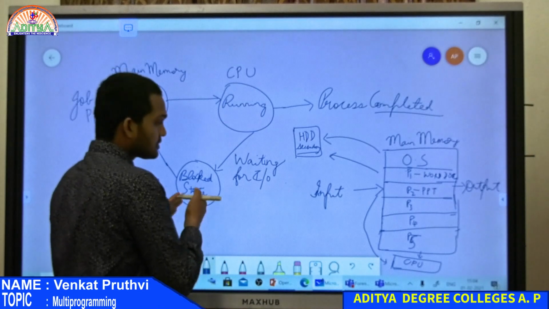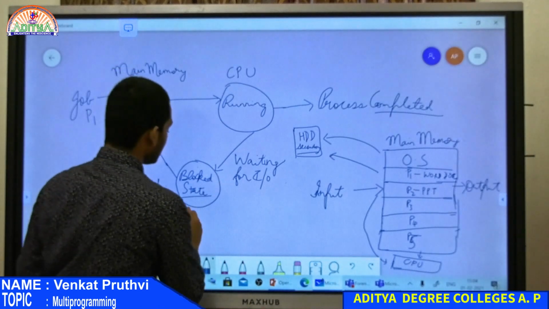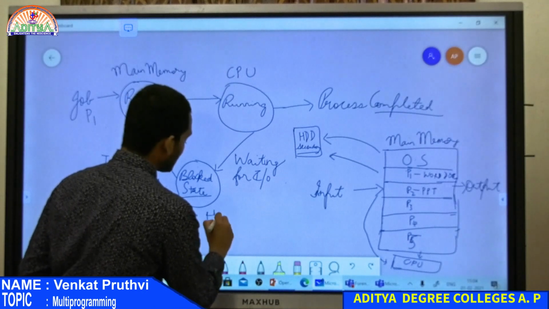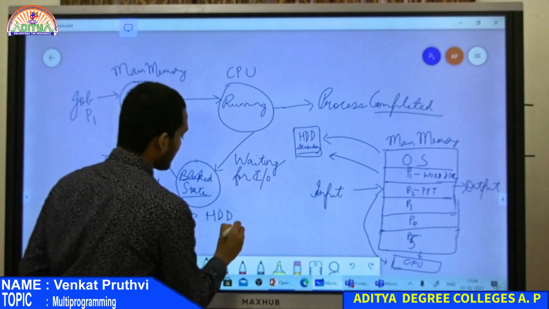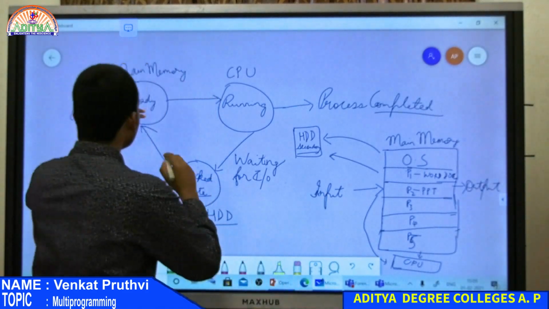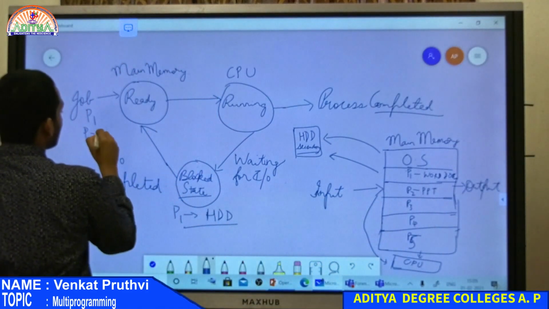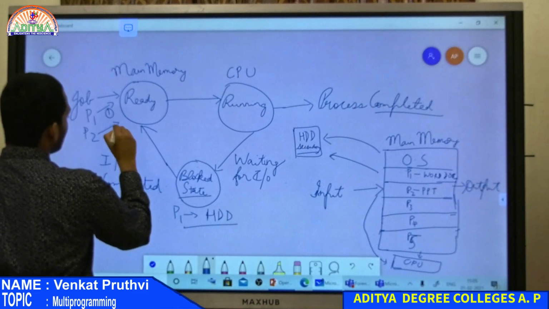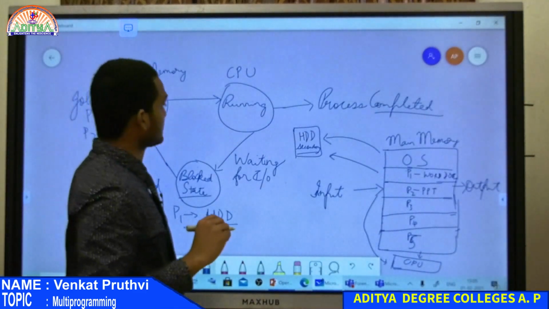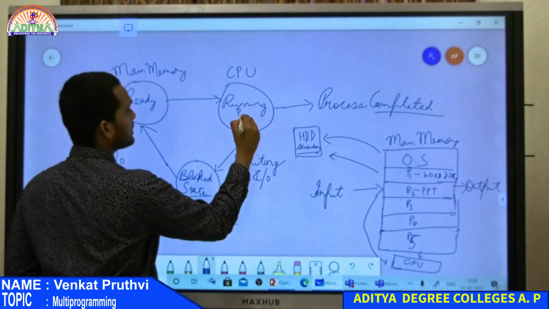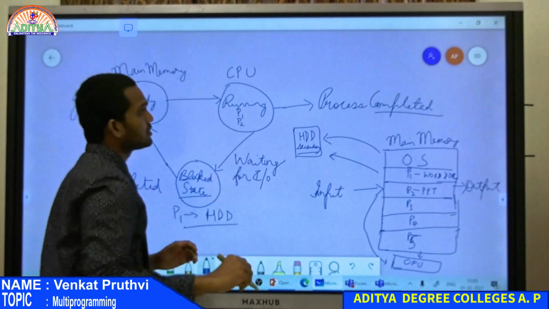While P1 is accessing the hard disk, P2 went to the CPU. P2 is ready here. First P1 went into the ready state, and it goes to the running state, and then P2 goes into the running state.